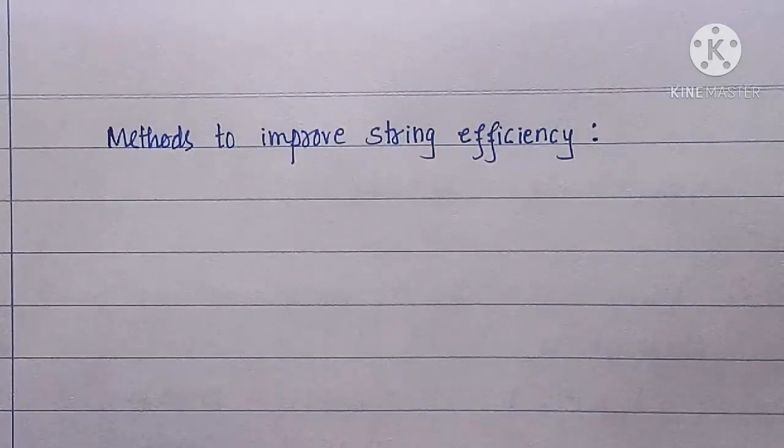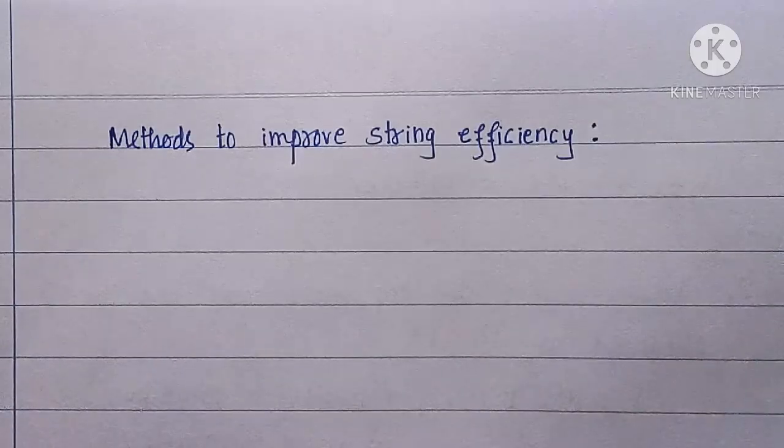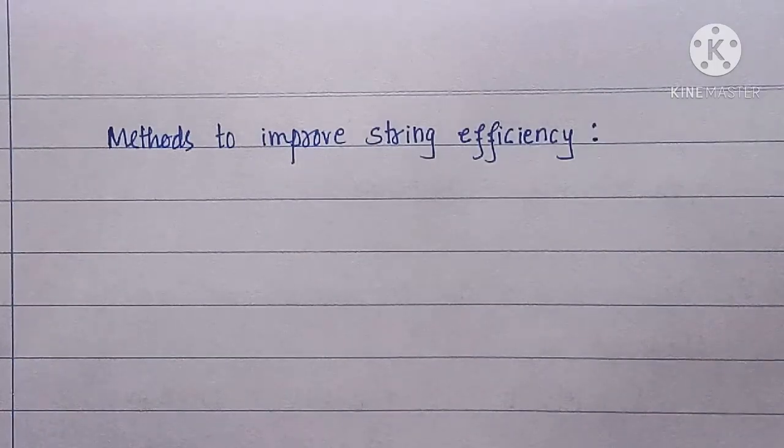There are different methods to improve the efficiency of a string, and those methods are by increasing the value of m, grading of units, static shielding, and making use of conducting glazes. So what are these methods? We will discuss them now one by one.